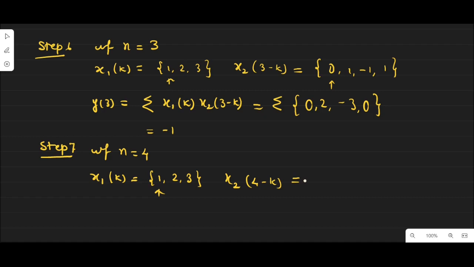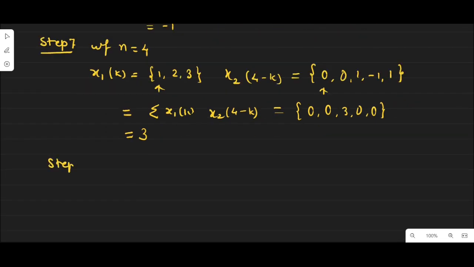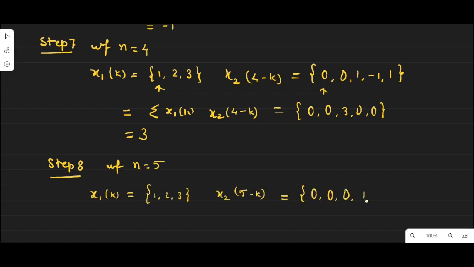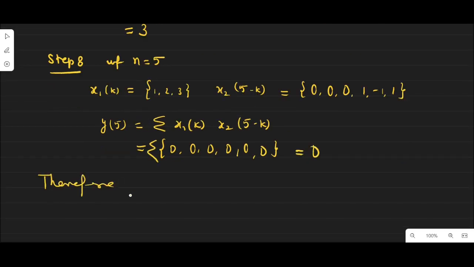Next step, n equal to 4, and it is 3. Step 8, n equal to 5, it again comes 0. Therefore, we can stop here, and after that you can write y[n] equal to 1, 1, 2, minus 1 and 3.